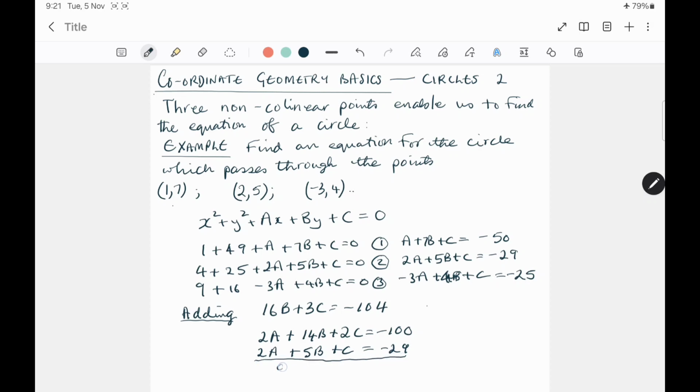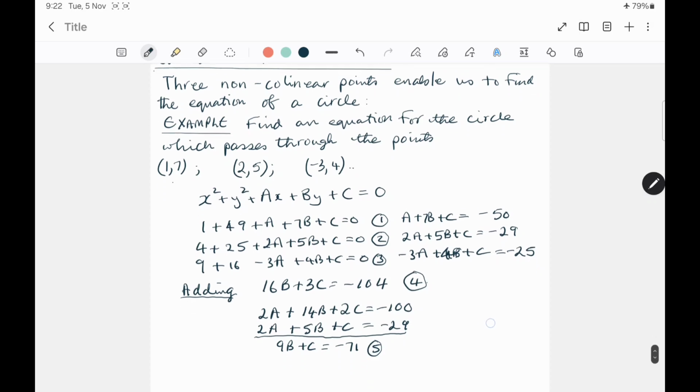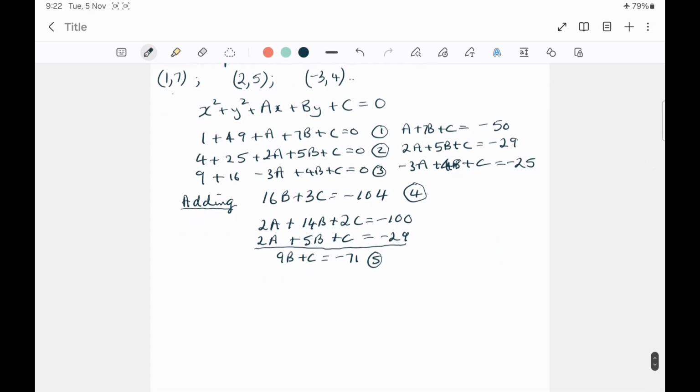It gives us 9b plus c equals minus 71. We can now call that equation number 4 and number 5. So we have equations there with just b and c. So let's write those down. 16b plus 3c equals minus 104.